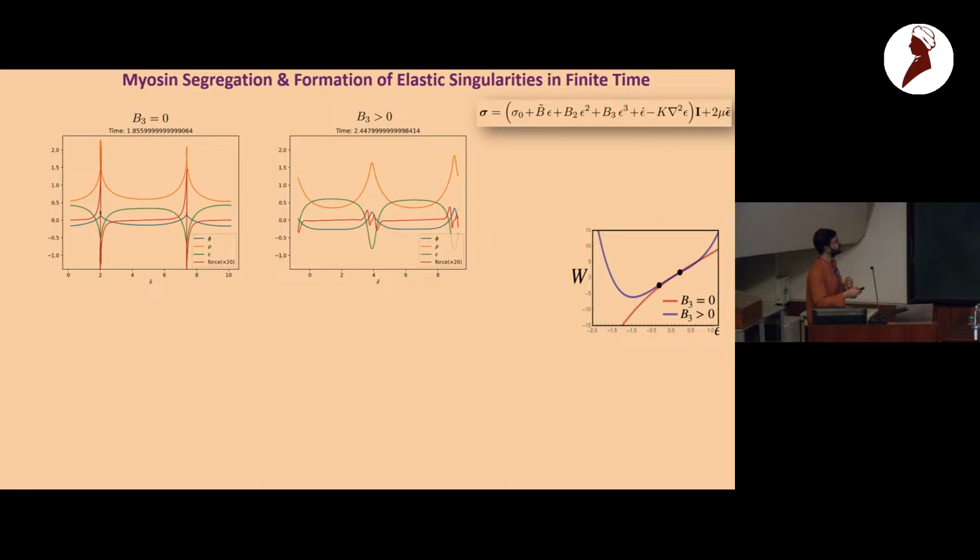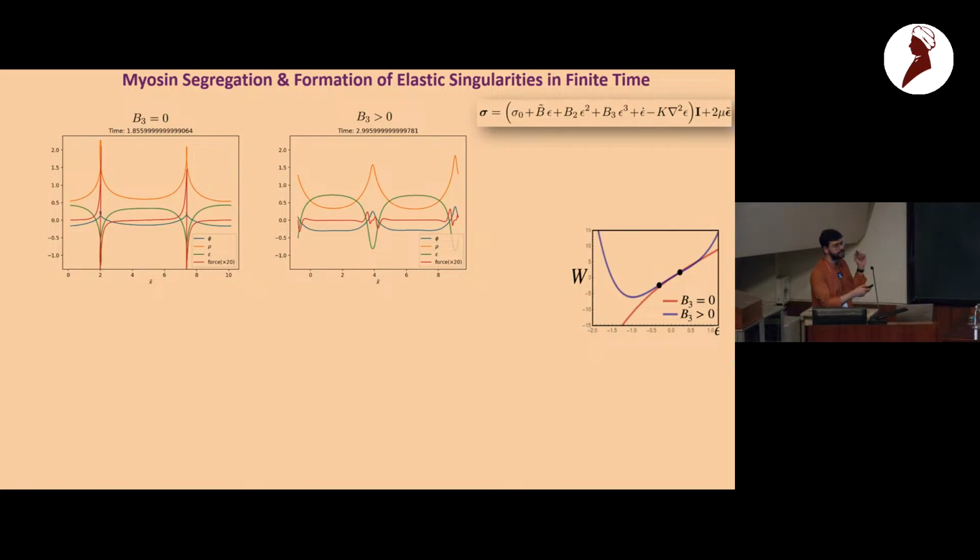These two simulations differ in that B tilde is going to 0 due to activity, and B3 produces these finite walls in the energy landscape. Without B3 you will hit a singularity, and these are the one-dimensional version of the force chains we were talking about.